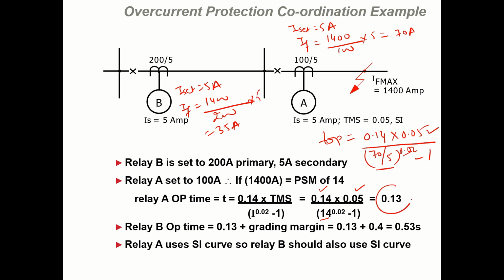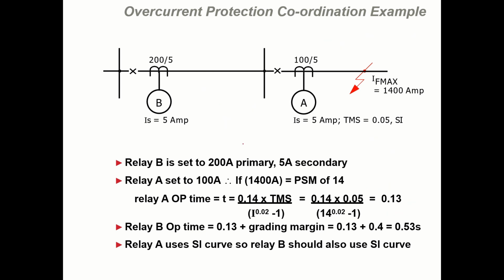So this comes out to be 0.13. That means the time of operation of relay A is 0.13. So the required time of operation of this relay is equal to 0.13 plus a grading margin of 0.4, that is 0.53, and the curve will be standard inverse. So this is the time of operation of relay B with standard inverse curve.